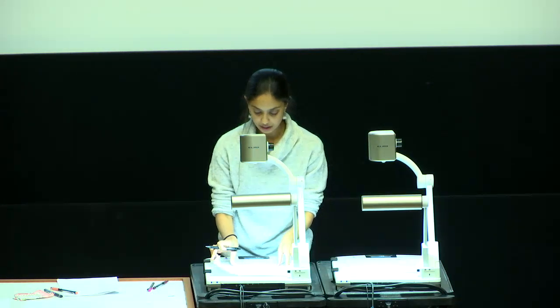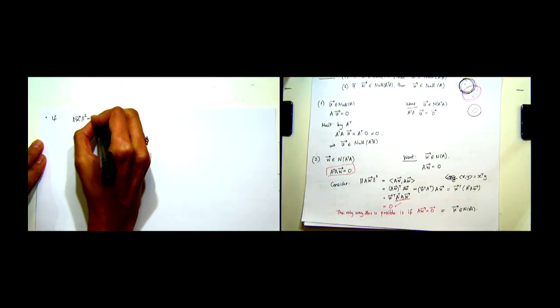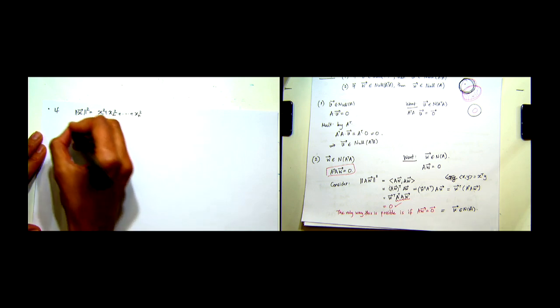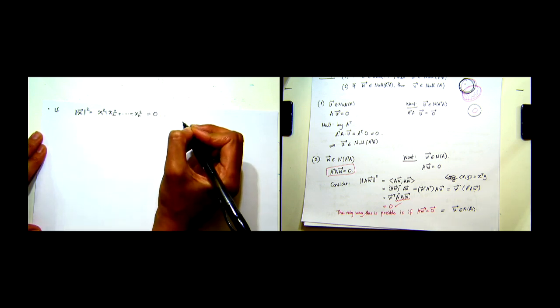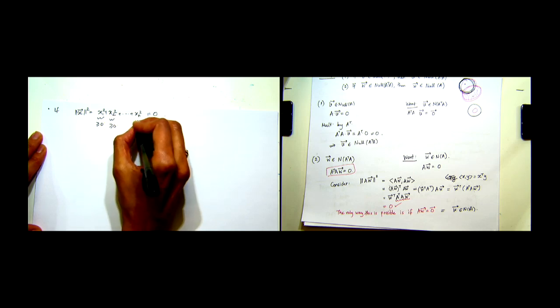Because basically, let me write this here. If, let's consider x, norm of x squared is equal to x1 squared plus x2 squared plus up to xn squared, right? If this is equal to 0, I know x1 squared must be greater than or equal to 0, x2 squared must be greater than or equal to 0, xn squared must be greater than or equal to 0.